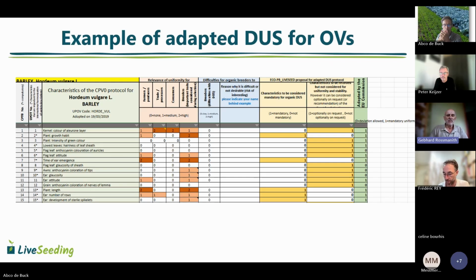On the other hand, we have an example in broccoli where, I don't remember exactly, more than half of the characteristics are proposed for more flexibility, because it is needed. So it is to be decided crop by crop.